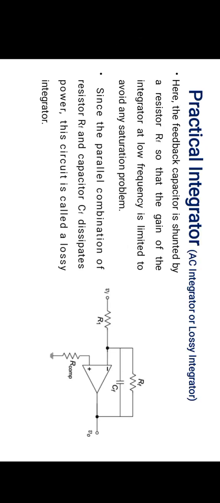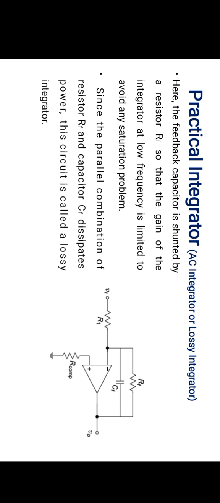Next, we can see the practical integrator. The gain of the integrator at low frequency can be limited to avoid the saturation problem if the feedback capacitor is shunted by a resistance RF.